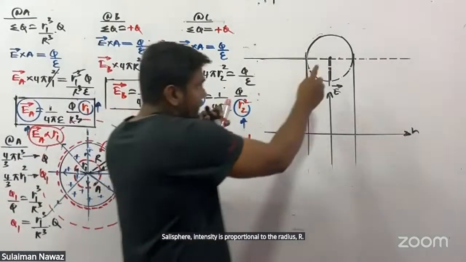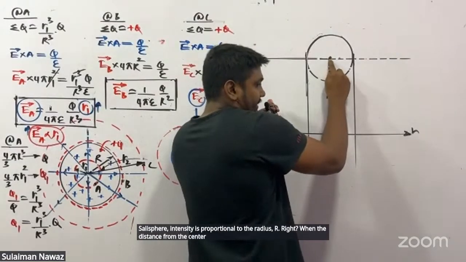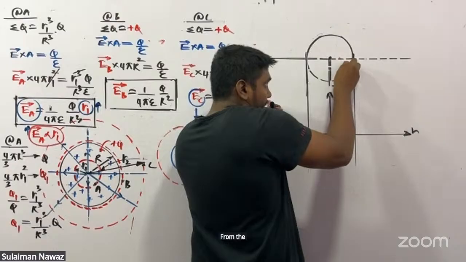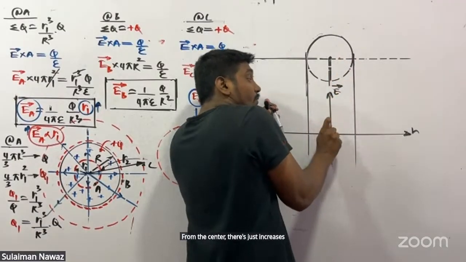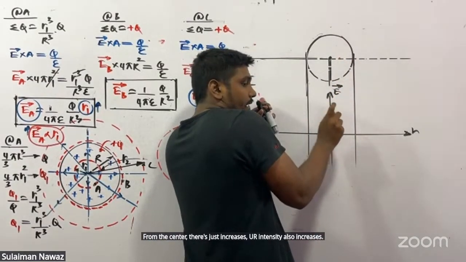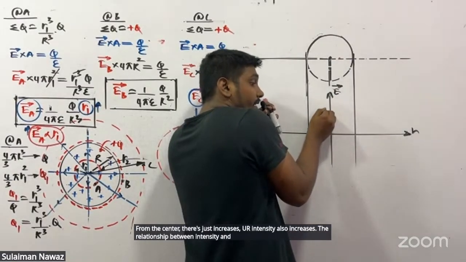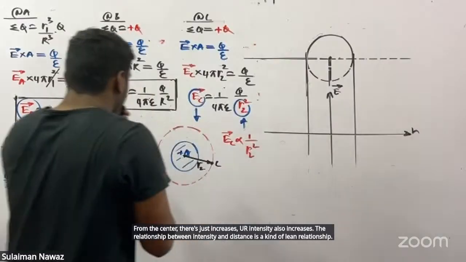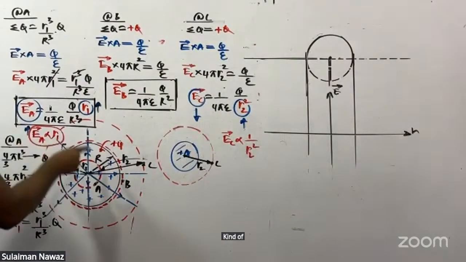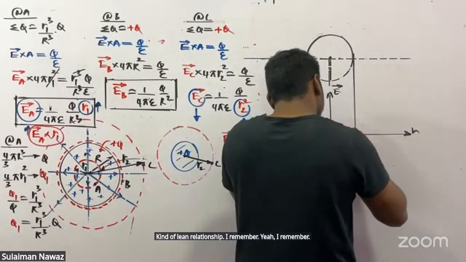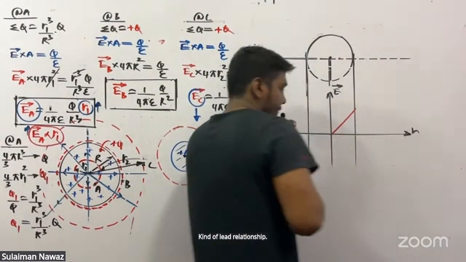When the distance from the center increases, your intensity also increases. The relationship between intensity and distance is a kind of linear relationship. You have to remember. Got it?